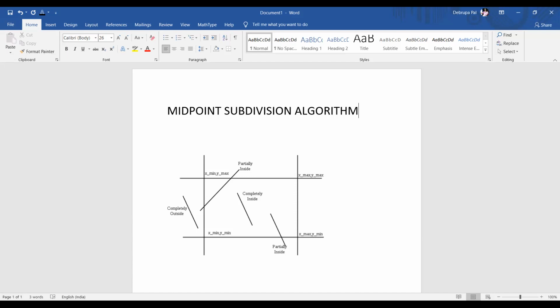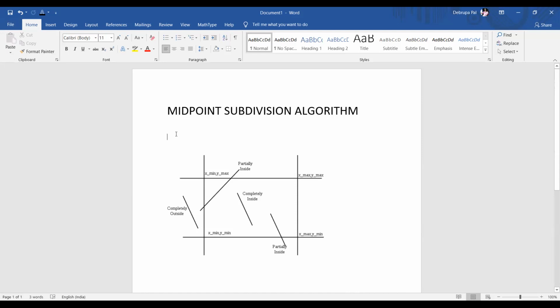So here we find that lines are of different types. One is completely outside the area of interest. Second is completely inside. And there are two conditions when the lines are partially inside and partially outside.